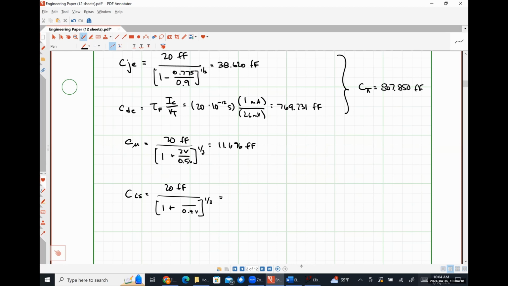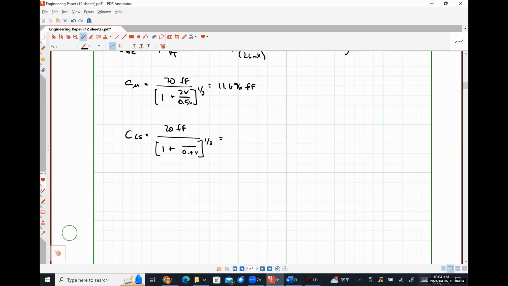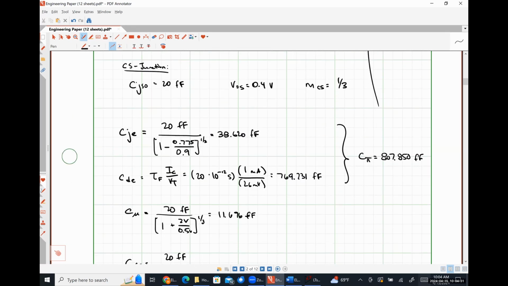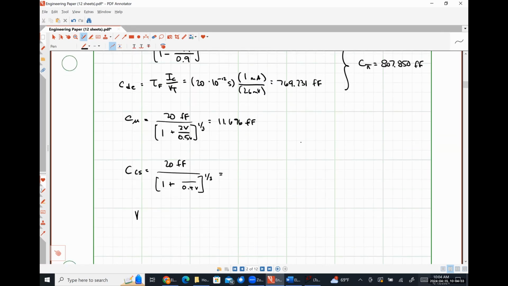How did you get there? So we're looking for VCS effectively, right? So we're looking for the voltage applied at the collector with respect to the substrate. So let's make an assumption here, which is usually true.